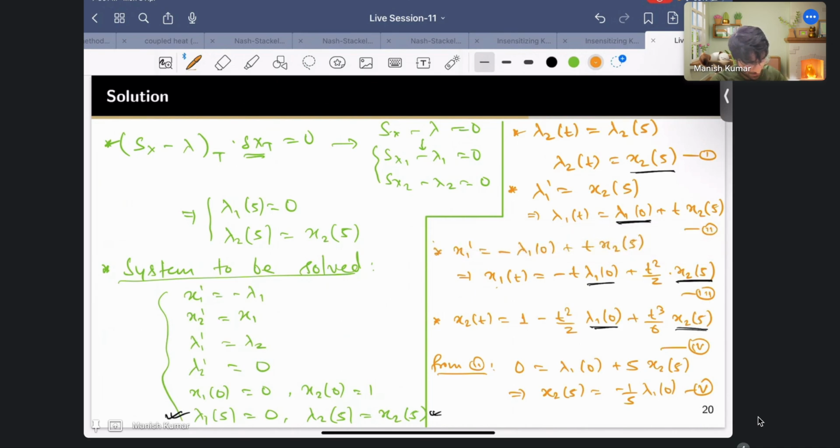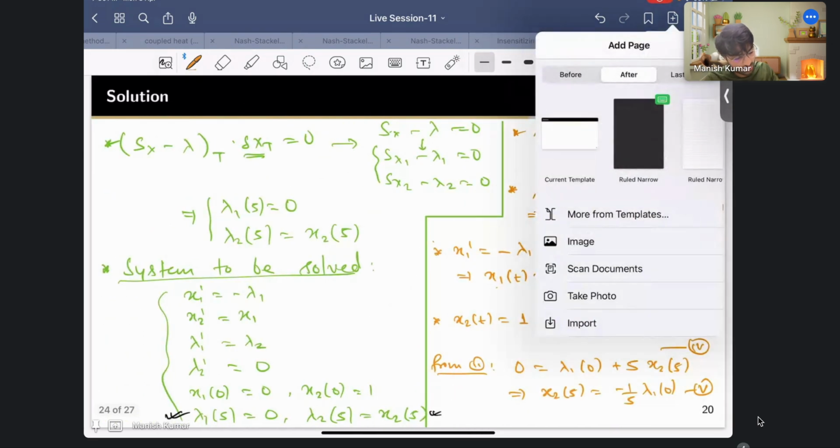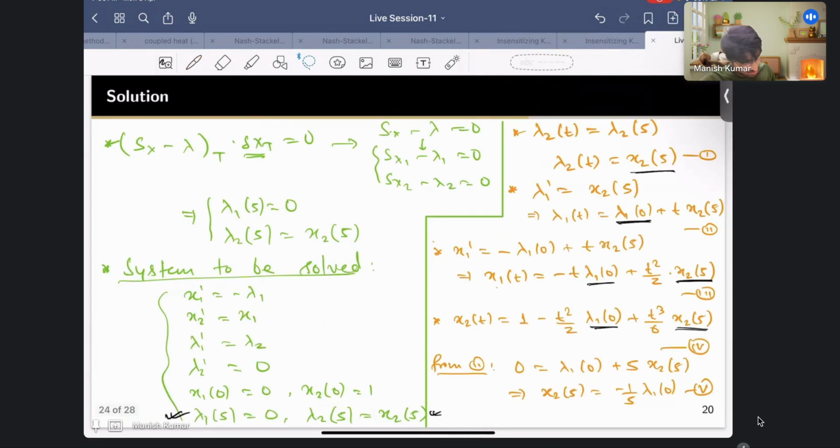Okay, I think I can use this x2 equation. Correct. So let me go to the next slide. Let me just copy this part. This is the first copy.